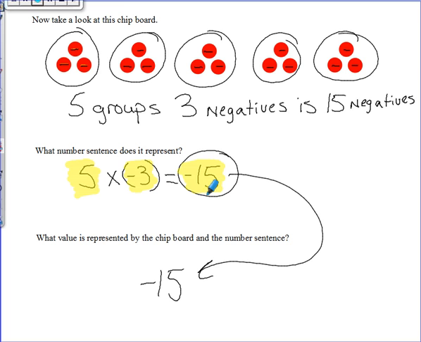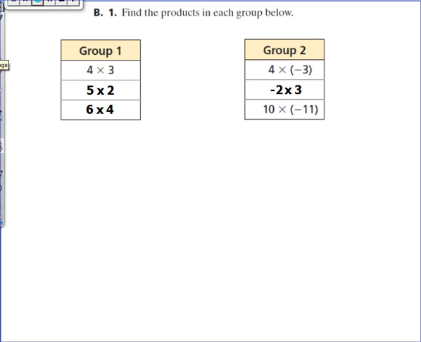All right, let's look at a list of 6 problems, 3 in each group. Your job before class tomorrow is to come to class prepared with the answers for each one of these questions. So you need the product for 4 times 3, 5 times 2, and 6 times 4.